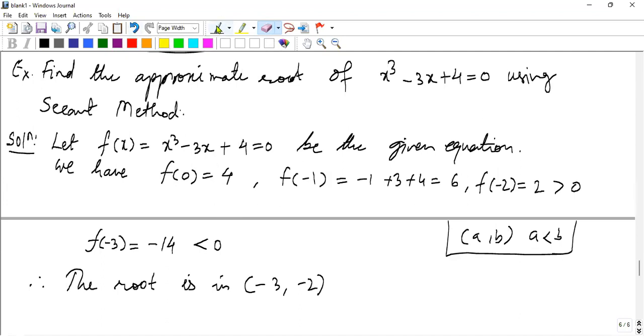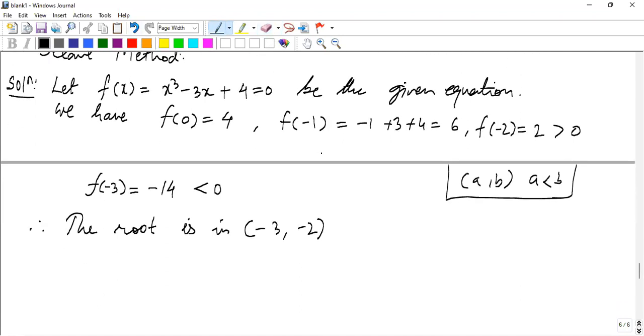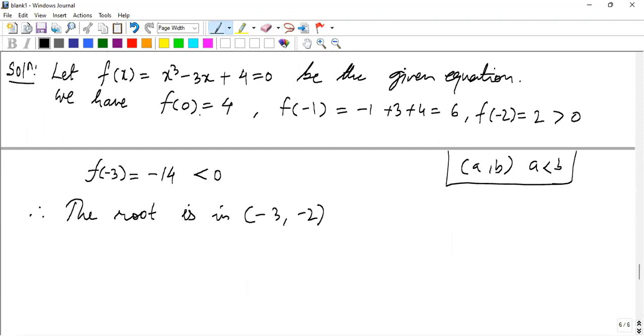Okay, so now we got the idea where the root is. So for 0, it was positive. So we moved back to find out whether we get somewhere negative or not. But for minus 1, again, we got positive. For minus 2, we got 2, which was closer than minus 1. And then for minus 3, we got minus 14, which is negative.